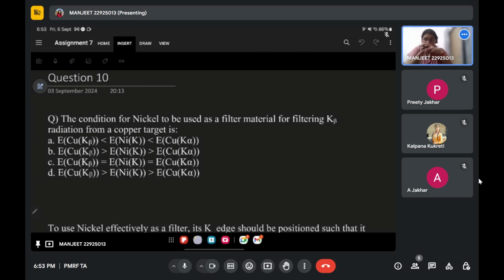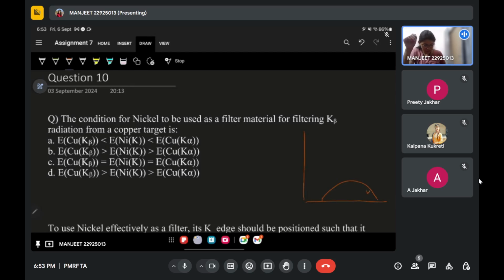As you know, we get a continuous spectrum of wavelengths for some voltage, and if we increase the voltage, it will shift to the lower wavelength, and the intensity will increase. This is lambda, and at a particular voltage we get characteristic X-rays.